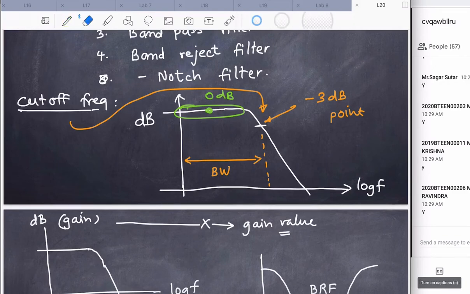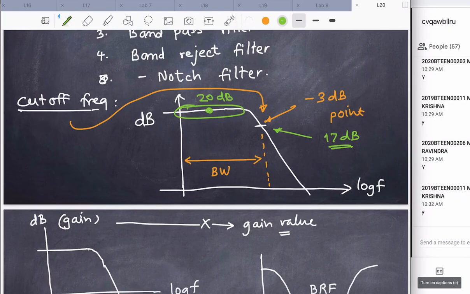Suppose the gain in the flat portion is 20 dB, then this will be minus 3 dB, that is 17 dB. So, wherever there is 17 dB, that is the point of cutoff frequency. Everybody understood this? Okay, fine.